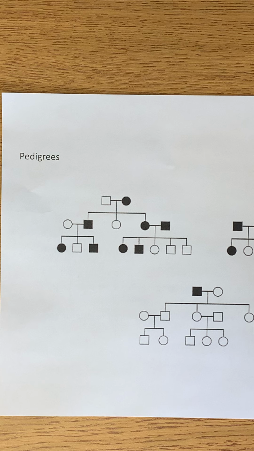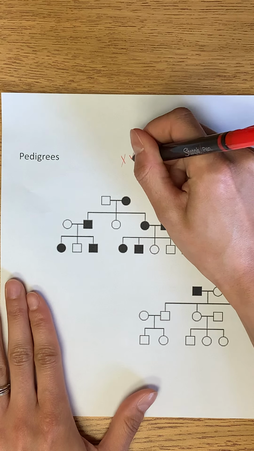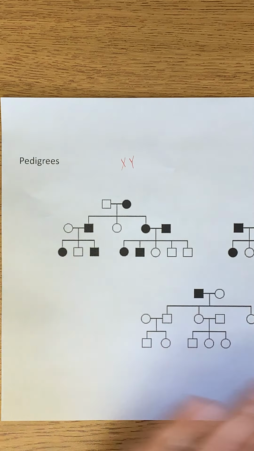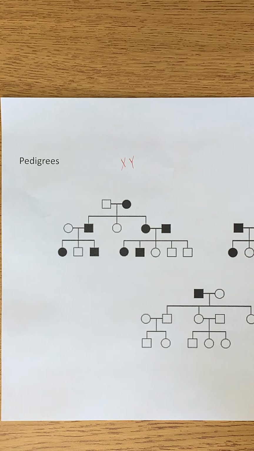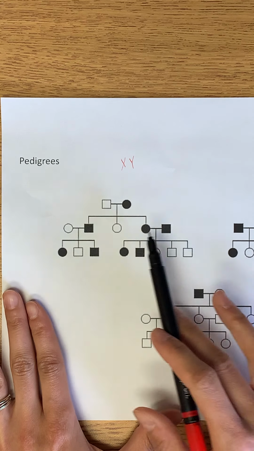The other thing you want to figure out is whether you're dealing with an autosomal disorder or a sex-linked trait. Remember that your sex chromosomes are going to be X and Y, the things that make us male and female. Autosomes are everything else, chromosomes 1 through 22. With autosomal disorders, you're more likely to have an equal or roughly equal number of males and females affected.